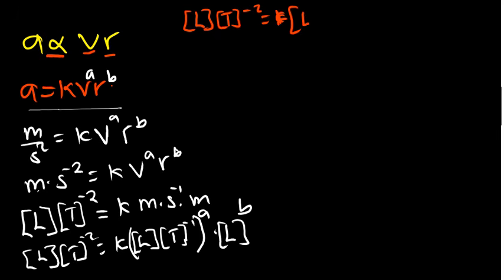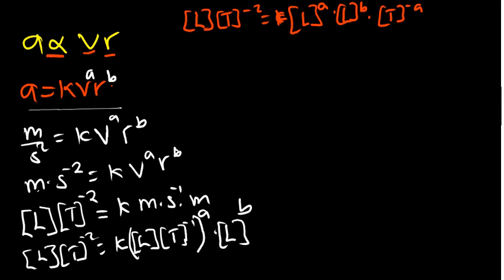Then you have length, and let me also put this length here. I'm going to put this A inside, so it's going to be L to the power A. Then you have this length, which is going to be to the power B. Then I also have times T, now there is negative 1, so it's going to be T to the power negative A.